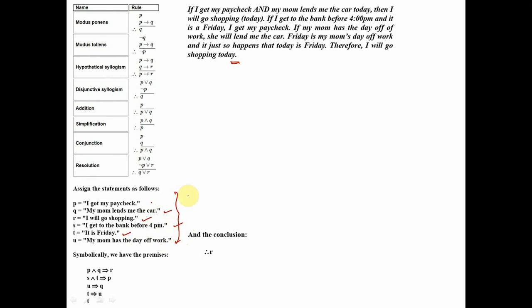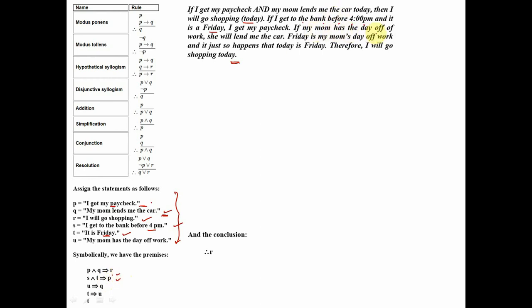Now let us identify the premises. If I get my paycheck, P, and my mom lends me the car today, Q, then I will go shopping, implies R. This is the first premise. If I get to the bank before 4 p.m., S, and it is a Friday, T, then I get my paycheck, implies P. S and T implies P. Second premise.